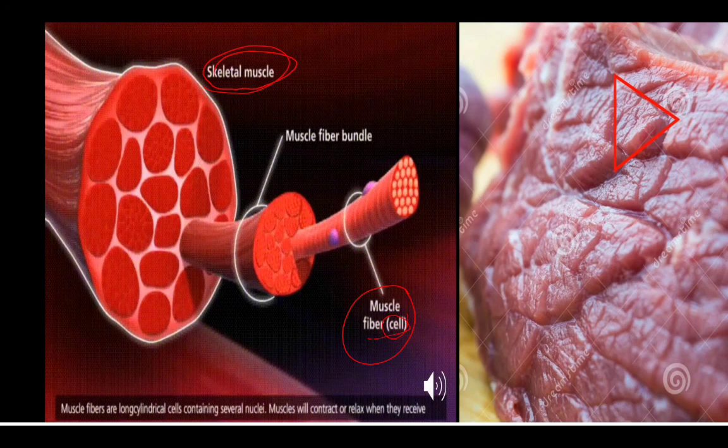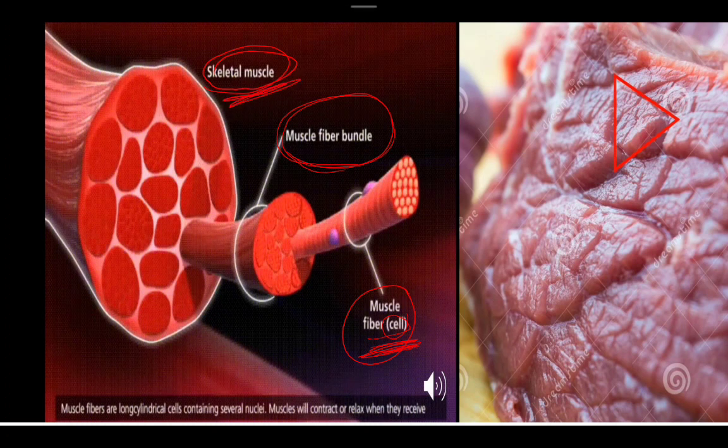So your skeletal muscle fiber is made up of multiple myoblasts, 'di ba, na nag-undergo ng fusion, therefore it is multinucleated. I hope you understand that. From a single muscle fiber cell, kapag marami sila together, they will form a muscle fiber bundle. Kapag marami yung mga bundle na yan, it will make your entire skeletal muscle.